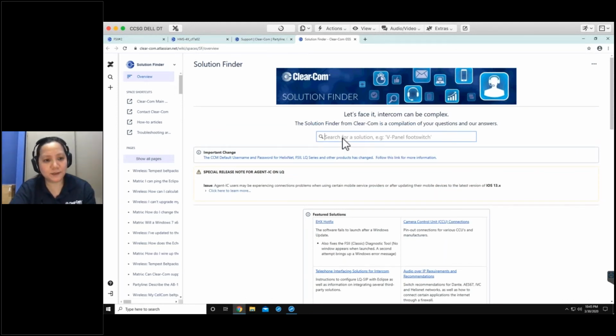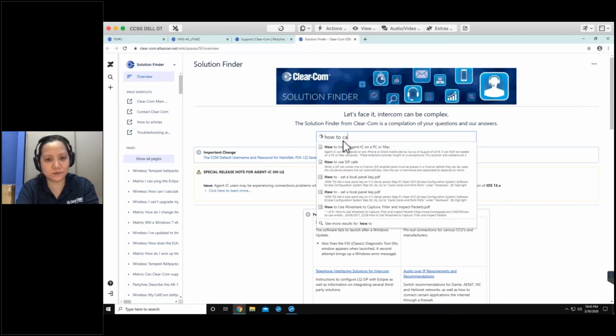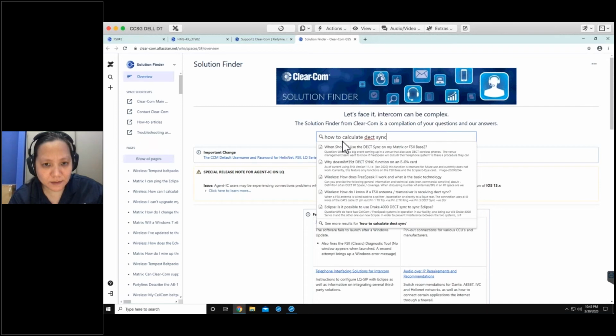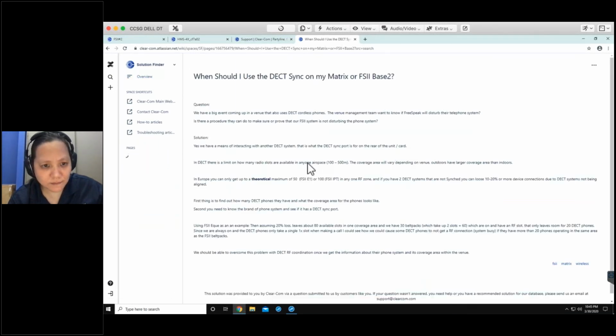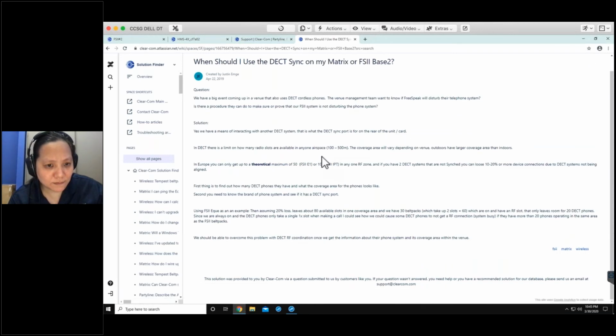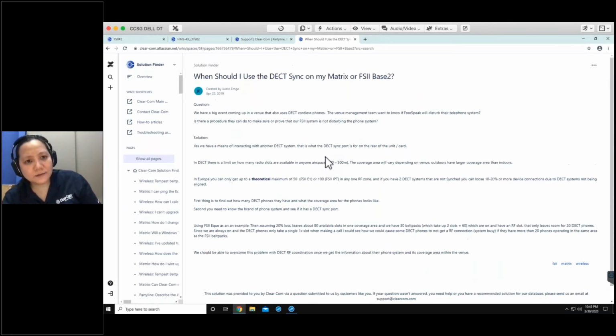So this would be how to calculate deck sync. No, it's not here. Anyway, I think we could share the information after this.